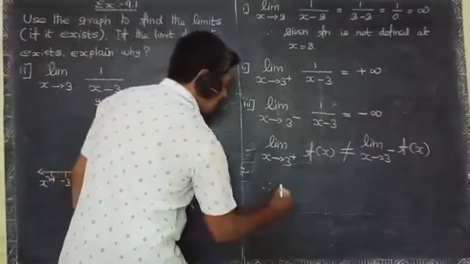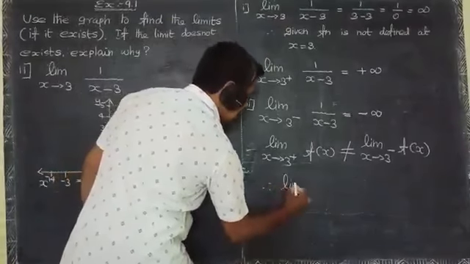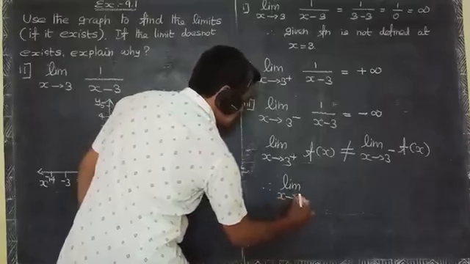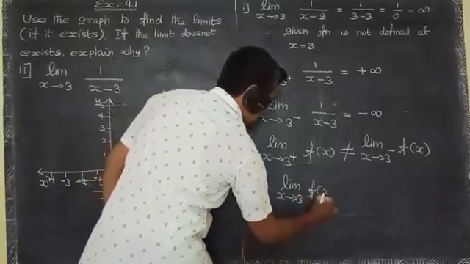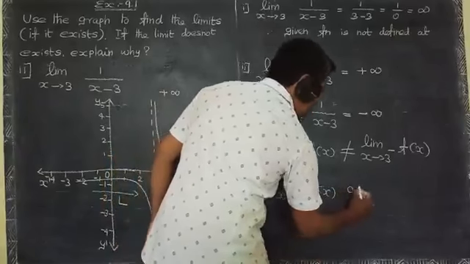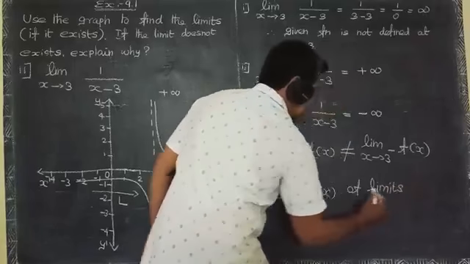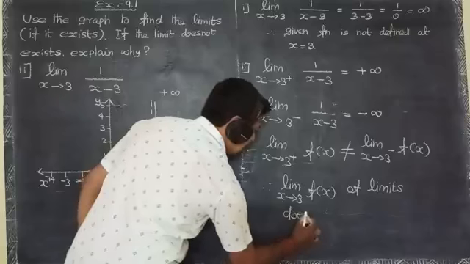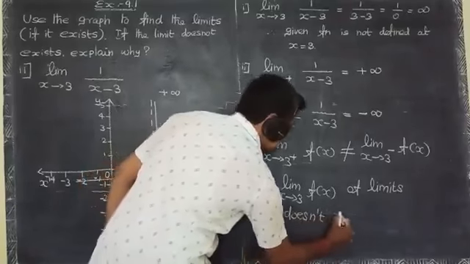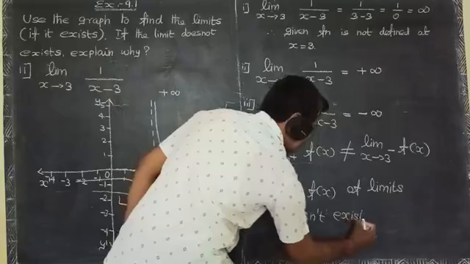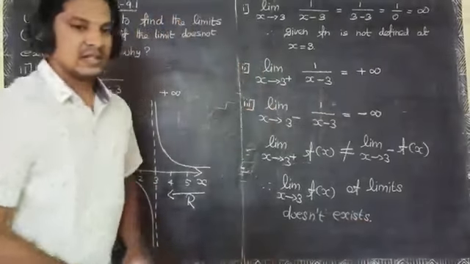Therefore, limit x approaches 3 f of x does not exist.